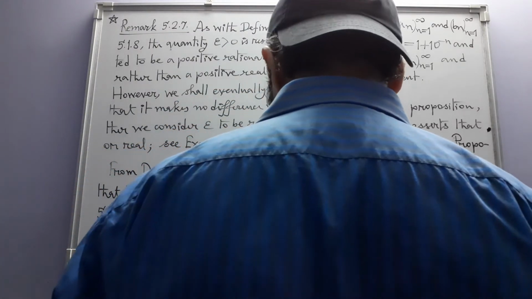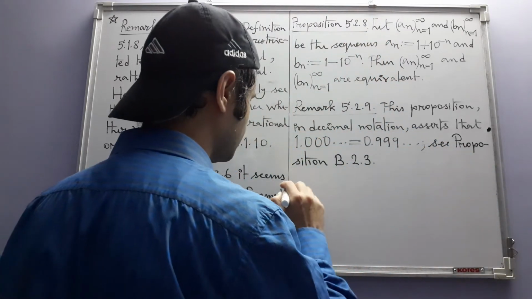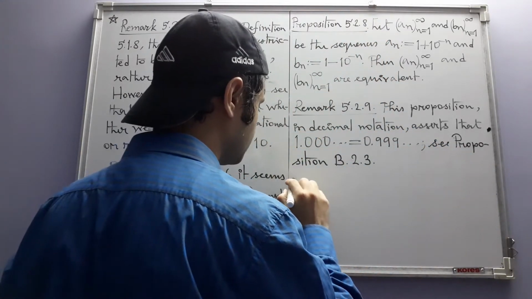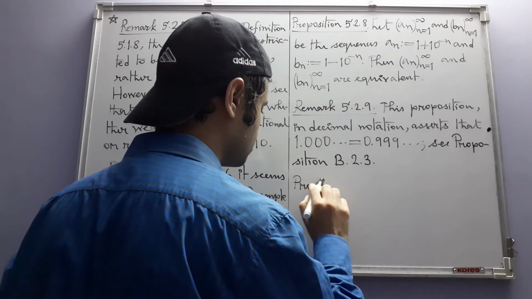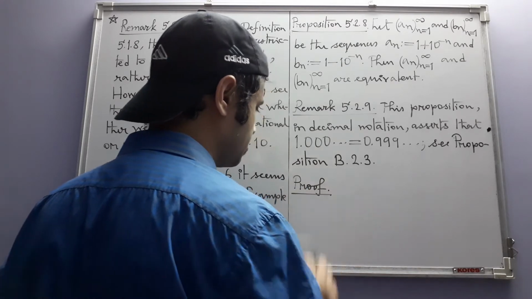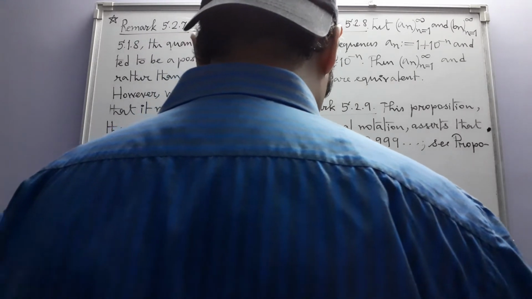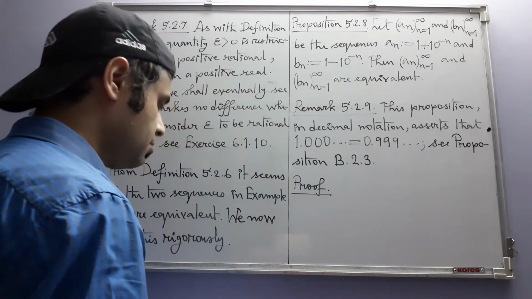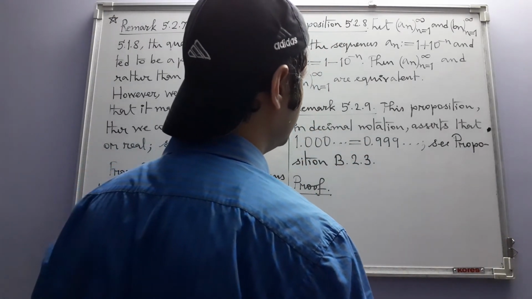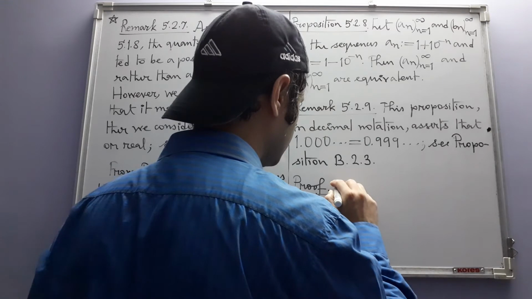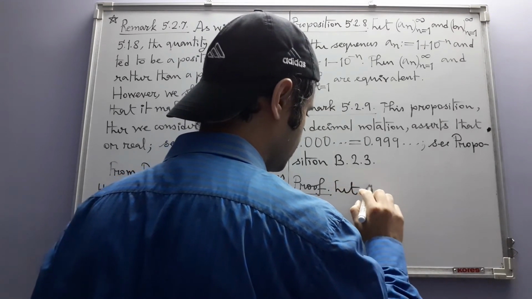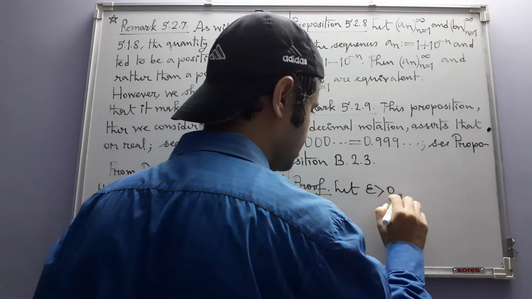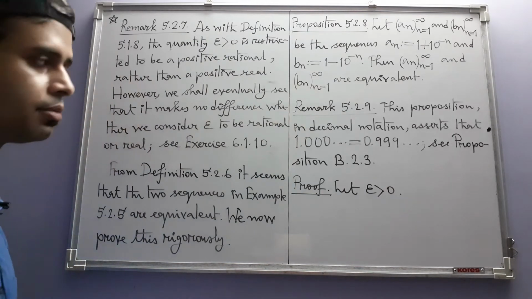Okay, now let us look at the actual proof of equivalence of these two sequences. Let epsilon be some positive rational number.